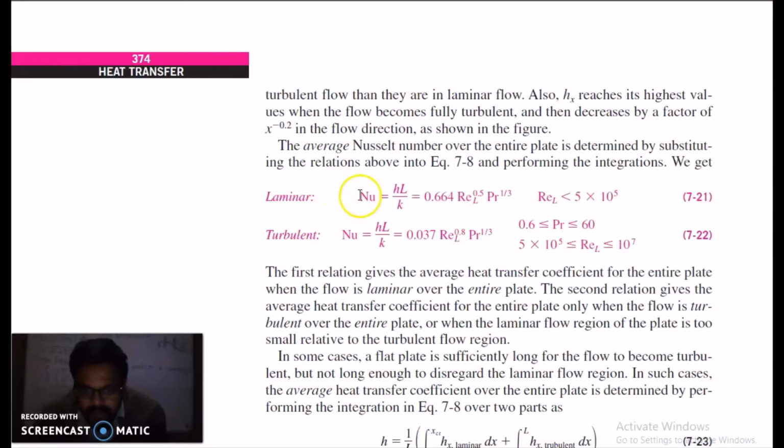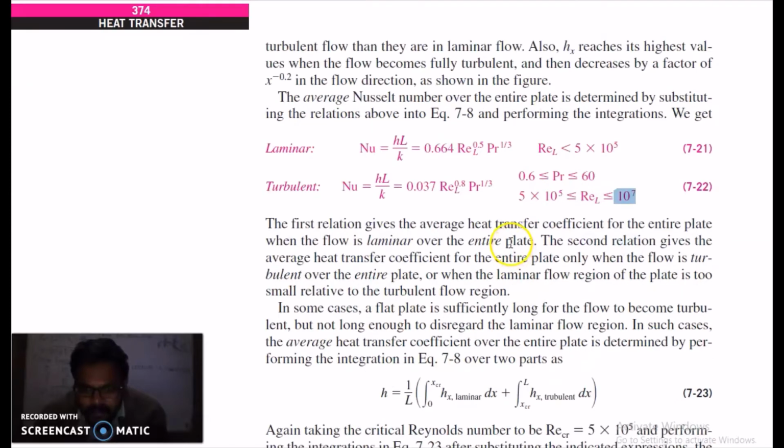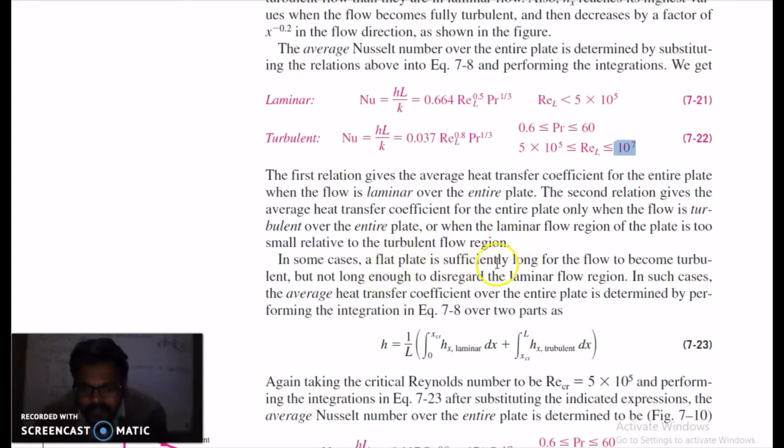So this is for the average heat transfer coefficient or Nusselt number for the laminar plate, and this is your average Nusselt number for turbulent flow, where the Nusselt number varies from this value to this value. In some cases, a plate is sufficiently long for the flow to become turbulent, but not long enough to discard the laminar flow. In such case, we take both values.